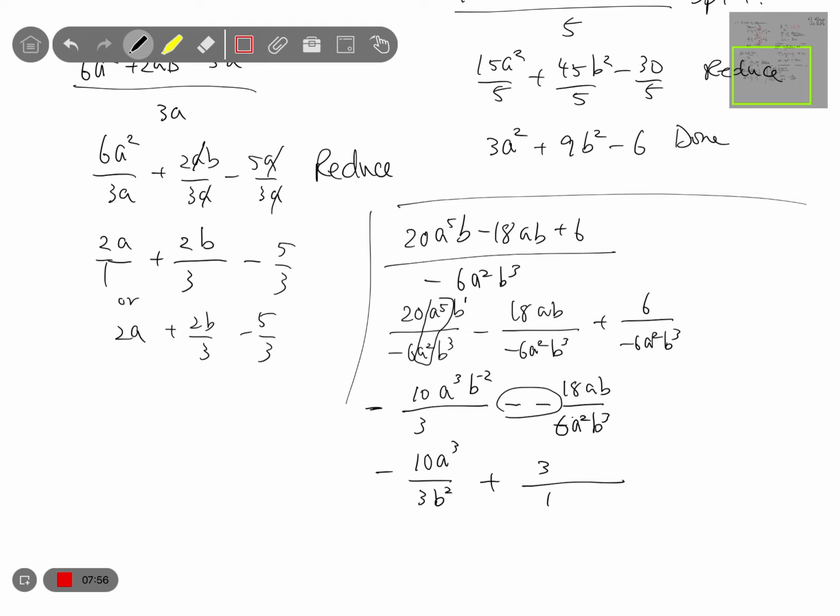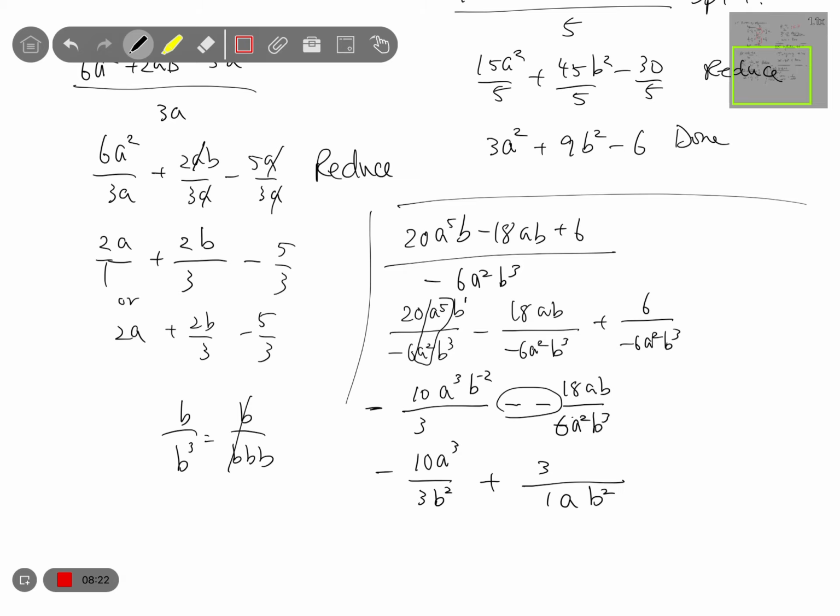A over a squared has an a on the bottom. B over b cubed is b squared on the bottom, right? B over b cubed is the same as b over b, so one of the b's gets canceled, and you have b squared left over on the bottom. All right, so the second fraction is done.